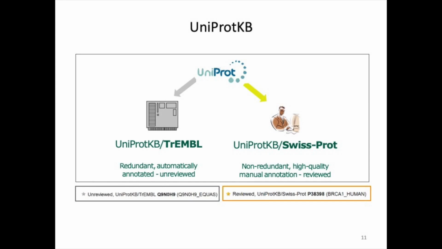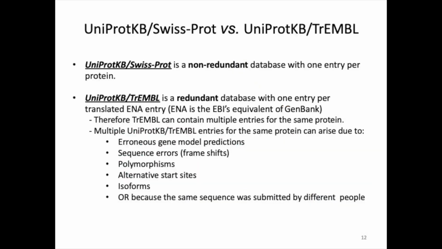It has redundancy. SwissProt contains high-quality manual annotation. Its data is reviewed and non-redundant. One more page as a note for you to tell the difference between SwissProt and TrEMBL.